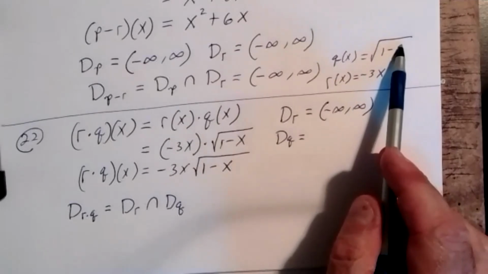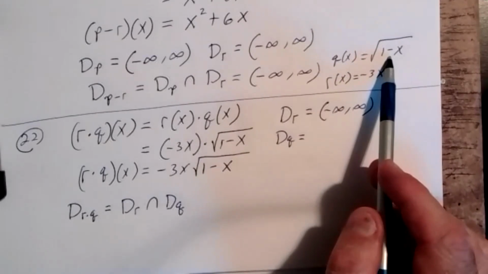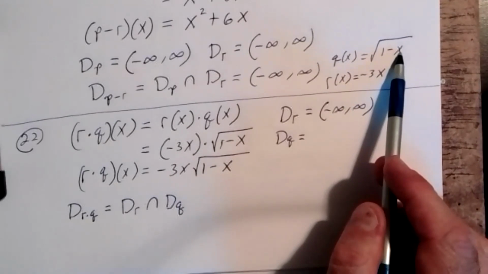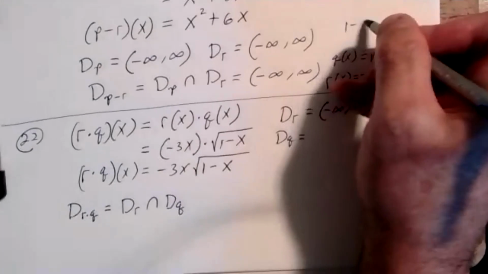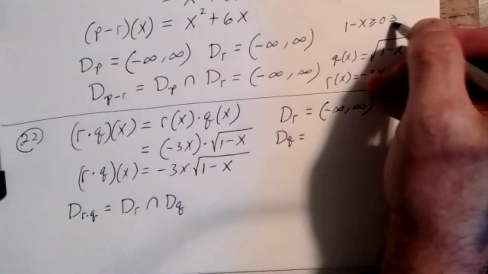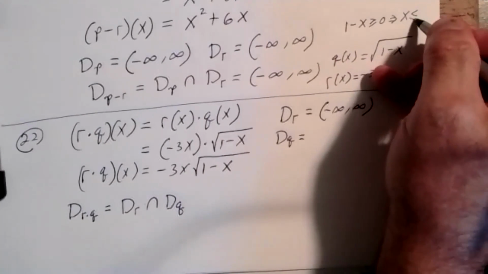So in order for this function Q of X to be defined, we need to force the radicand, this 1 minus X, to be non-negative. In other words, we need to require that 1 minus X be greater than or equal to 0, which implies that X would have to be less than or equal to 1.